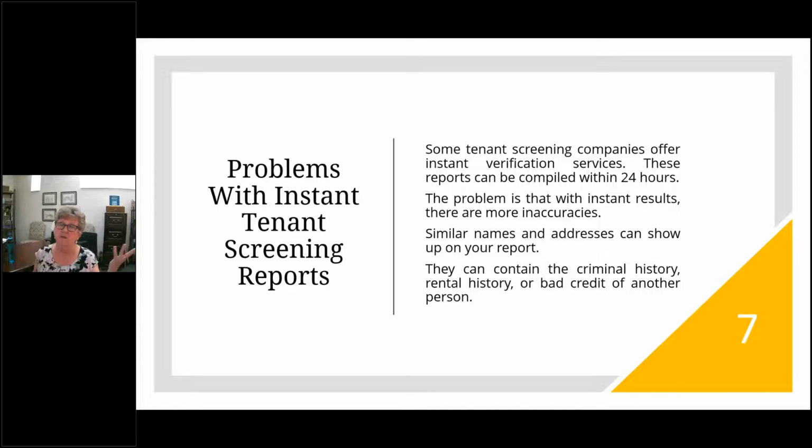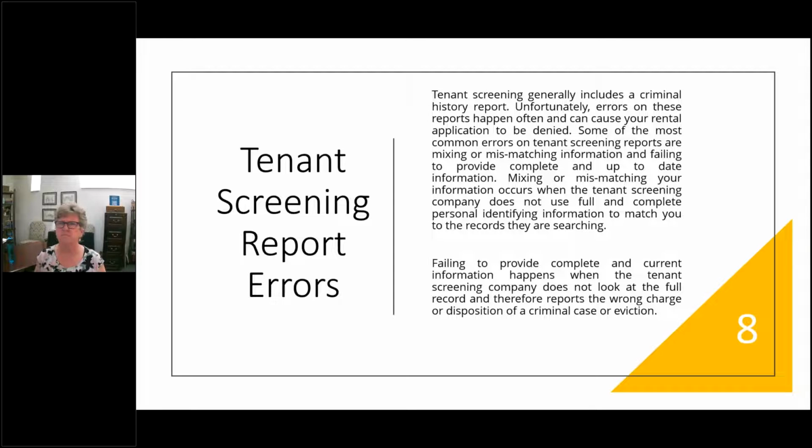You might say, oh, well, there was that one time I didn't pay my rent and I got evicted, and it might be that, but it could also be something else that's causing a problem. So you always want to follow up. There's different kinds of errors on these reports, similar to your credit report.